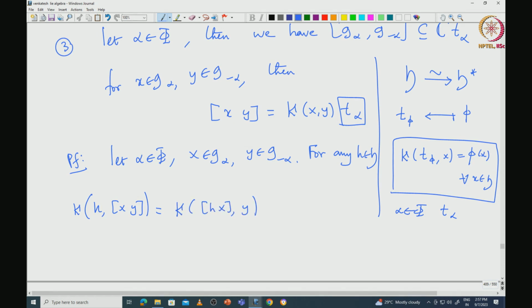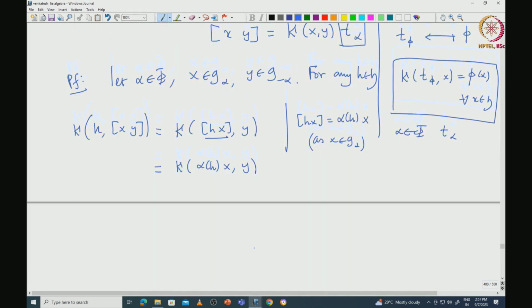Recall the bracket h x is nothing but alpha of h times x, because x is coming from G alpha. So, you get kappa of alpha of h x comma y.